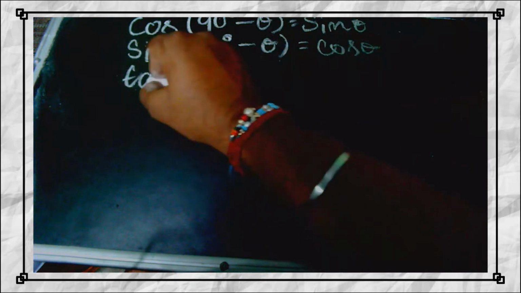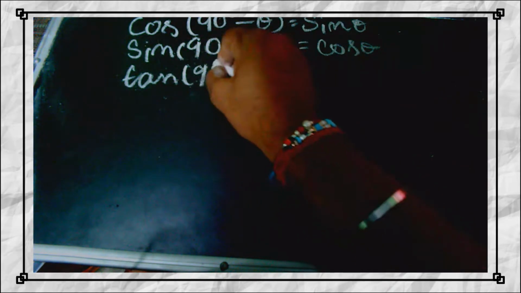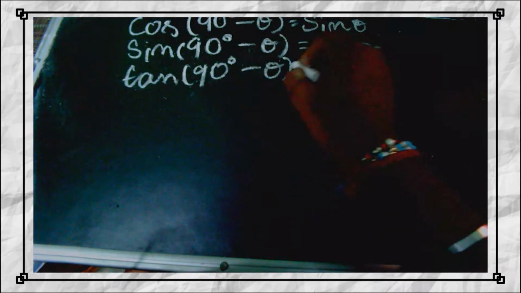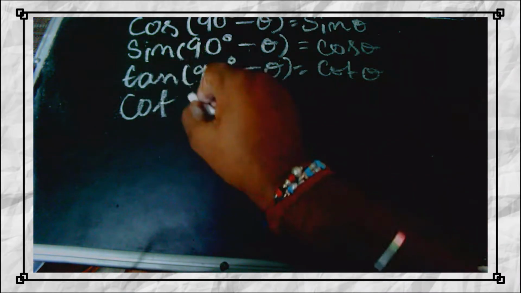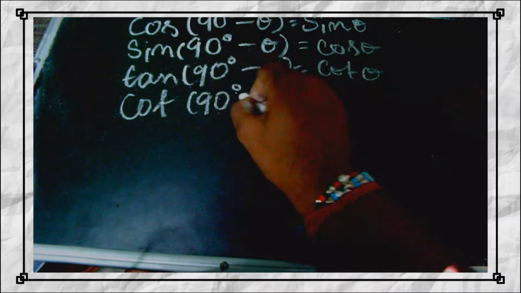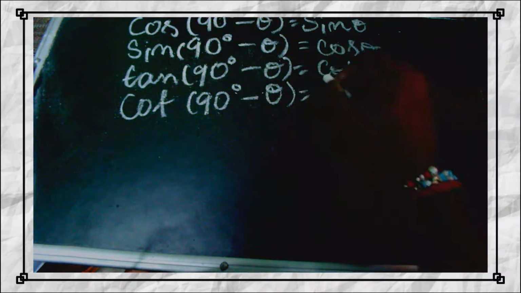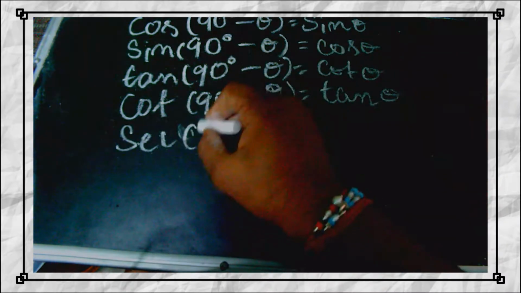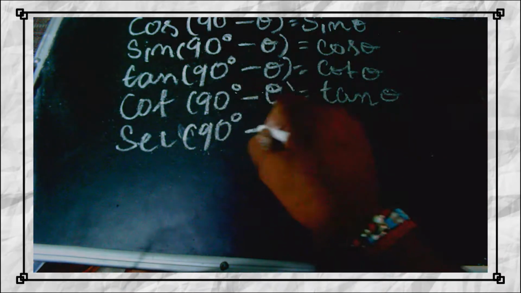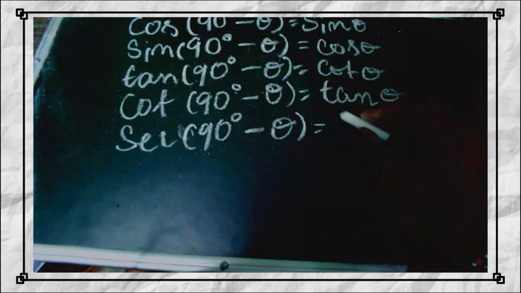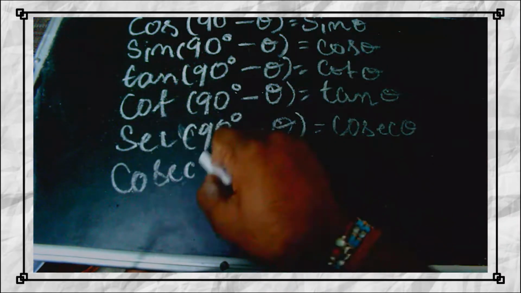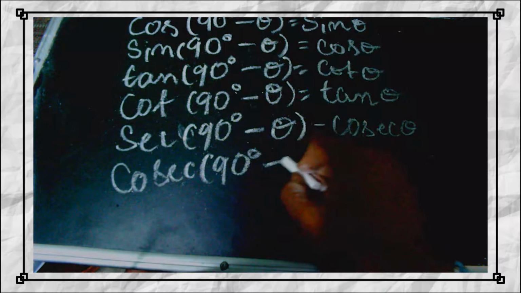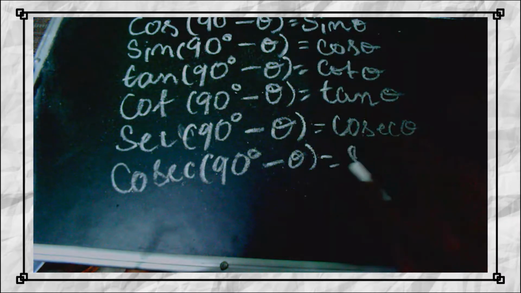Similarly, tan of 90 degrees minus theta equals cot theta, and cot of 90 degrees minus theta equals tan theta. Sec of 90 degrees minus theta equals cosec theta, and cosec of 90 degrees minus theta equals sec theta.